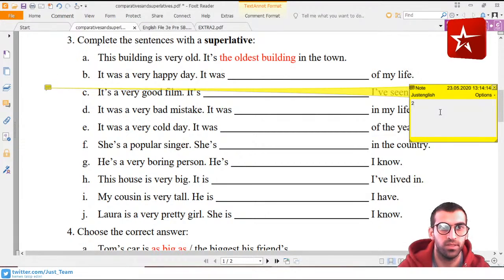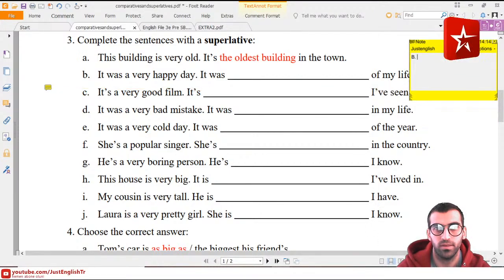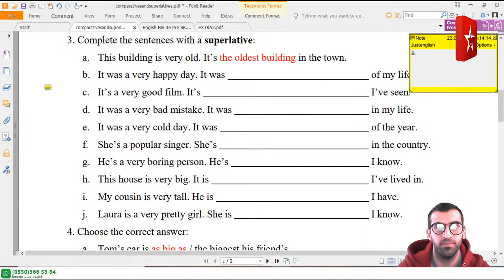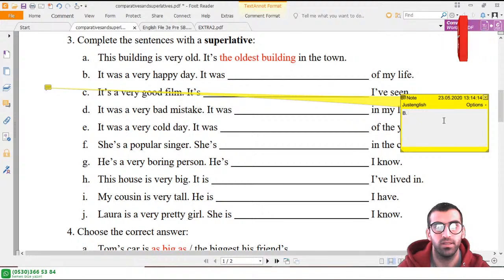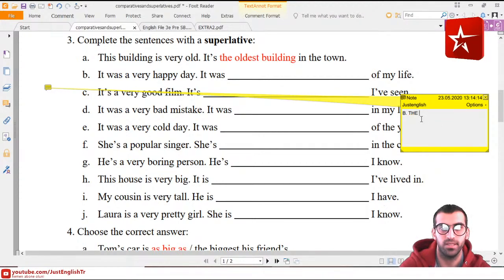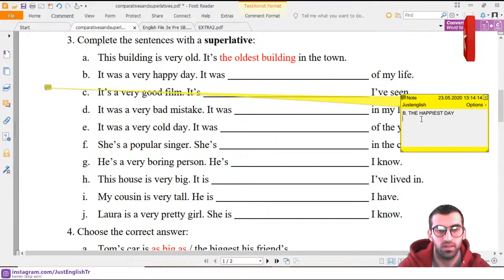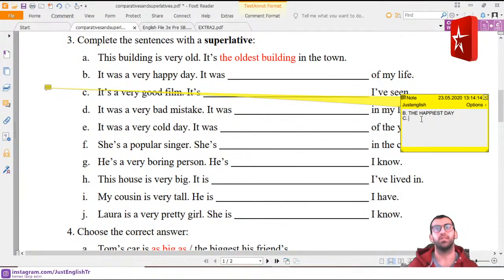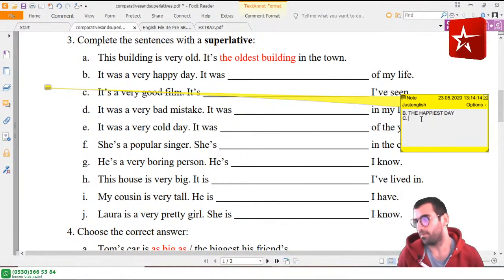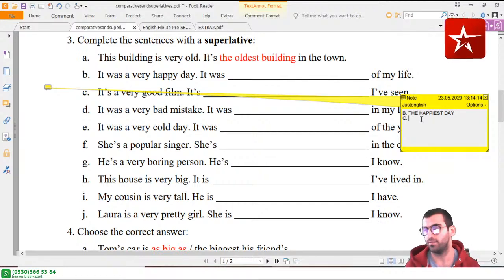B is, it was a very happy day. It was the happiest day. It was the happiest day of my life. Yes, the happiest day of my life is a correct answer.